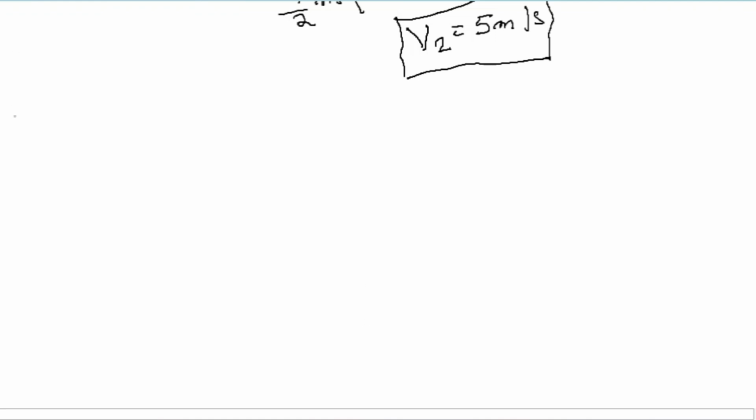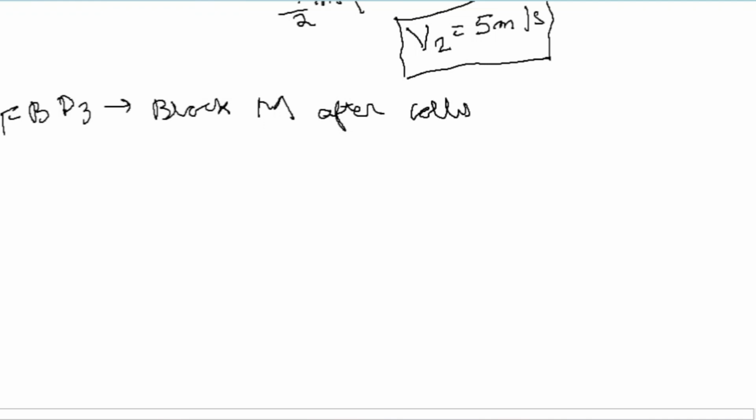Now again, we will draw a third FBD, that is FBD 3, and that will be for the block capital M after collision.